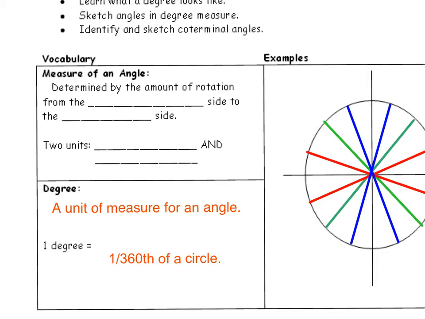So a degree is just a unit of measure for an angle. And now you're like, okay, well, what's the measure of an angle? What we talked about last week is how in this class, an angle isn't two rays, it's one ray rotating around a common vertex. So our measure of an angle is determined by the amount of rotation from the blank side to the blank side. Does anybody remember the vocab terms that would go in there?